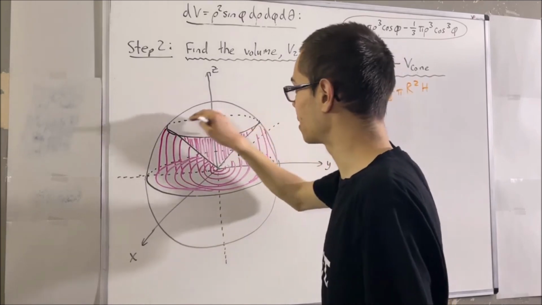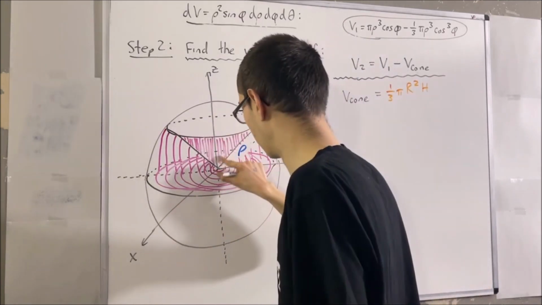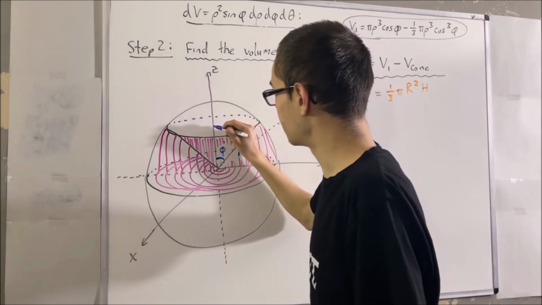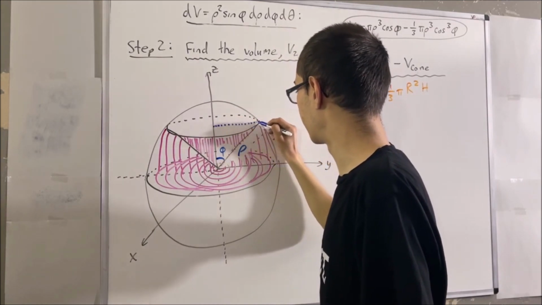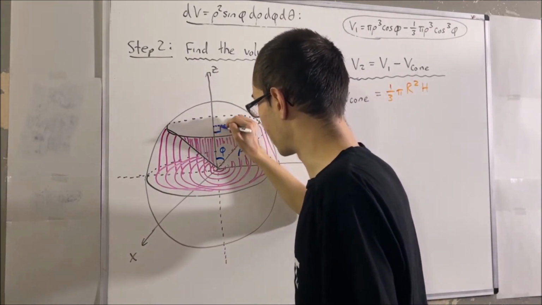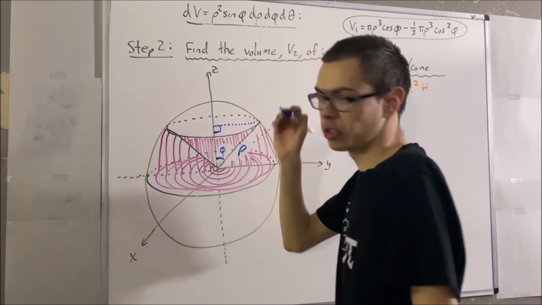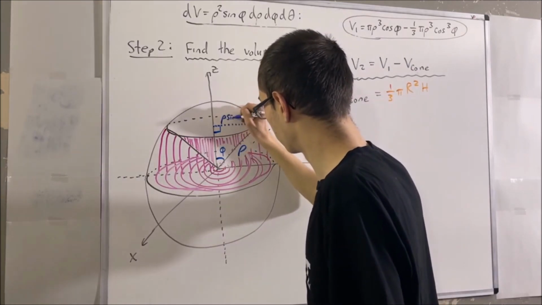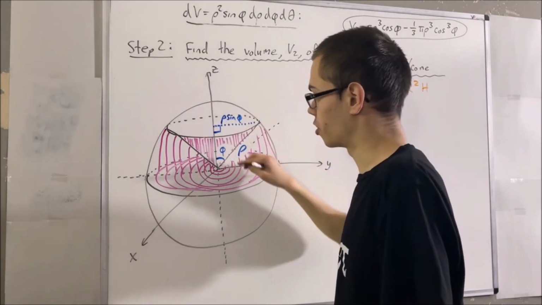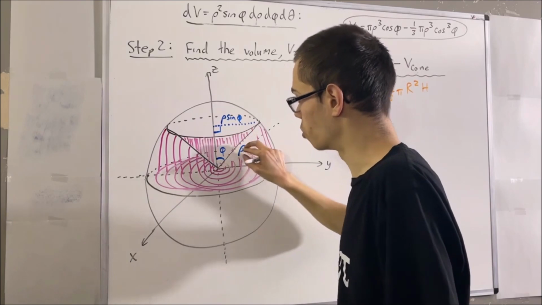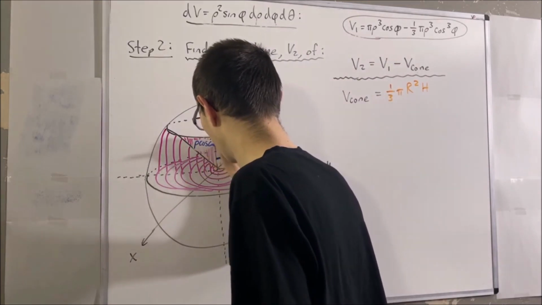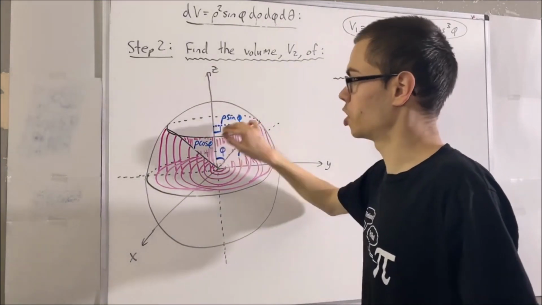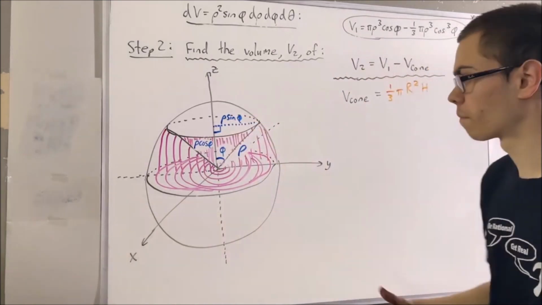The angle forming this line of latitude is still phi. And the radius of this line of latitude is still at a right angle with the z-axis. Therefore, by trigonometry, this radius is still rho sine phi. And also by trigonometry, this side length is still rho cosine phi. So we still have the same 4 constraints as before.